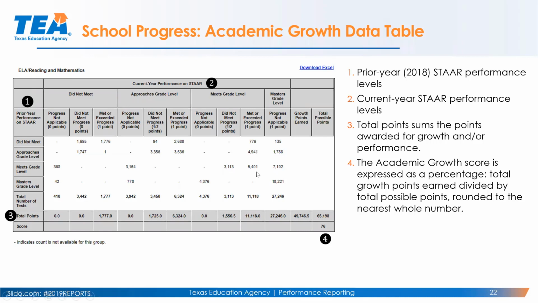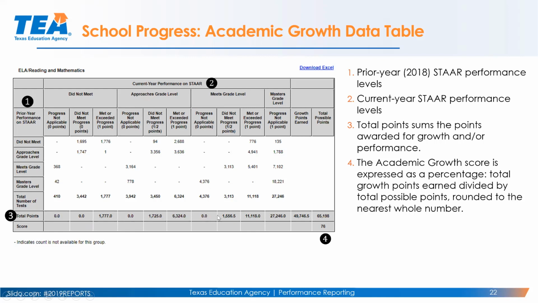From there, I also had a number of students that went from meets last year to meets this year that had a progress measure. This whole column will total all those particular scenarios that are granted 1 point. At the bottom is my total points from all those assessments that had 0 points, half a point, or a full point.